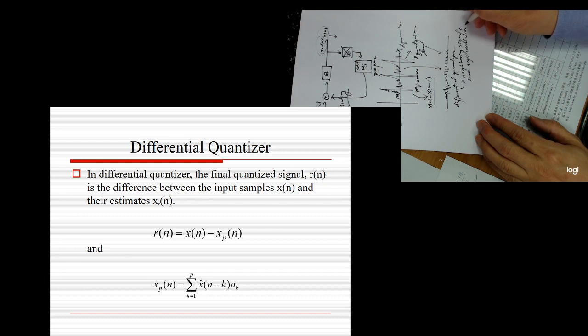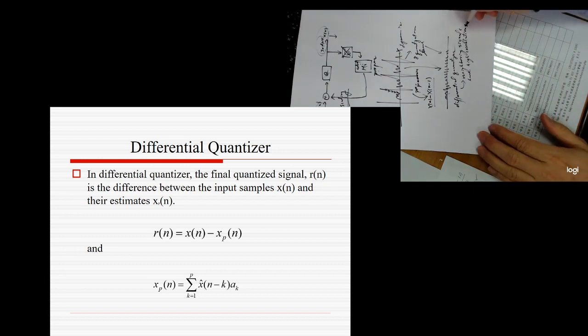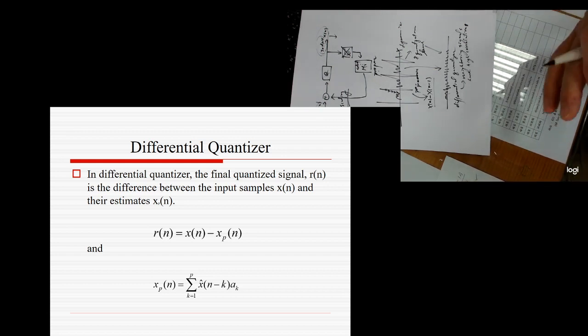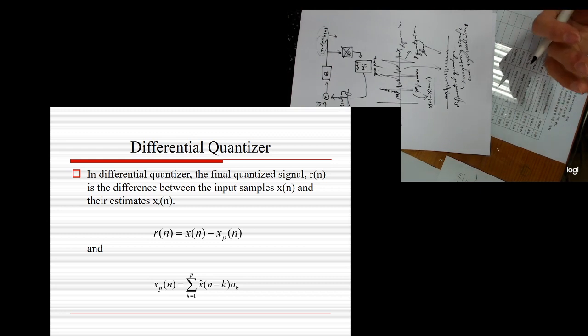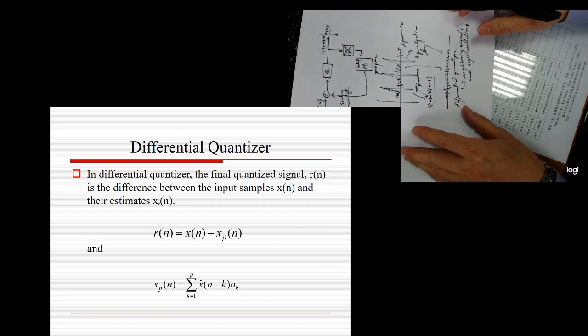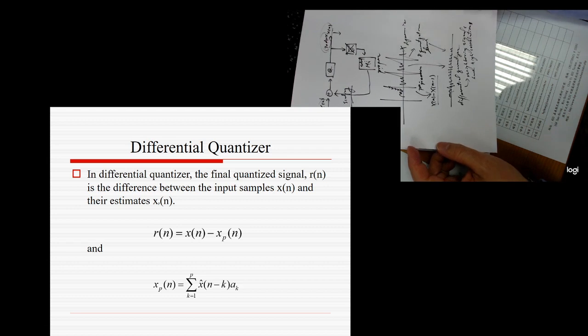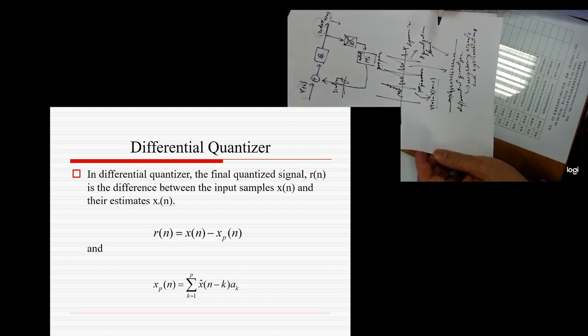So we try to do the subtraction first, neighboring subtraction first, to make the correlation lower. Like when a signal has a DC term, we remove the DC term and keep only the deviation. Sometimes this makes your quantization performance better.